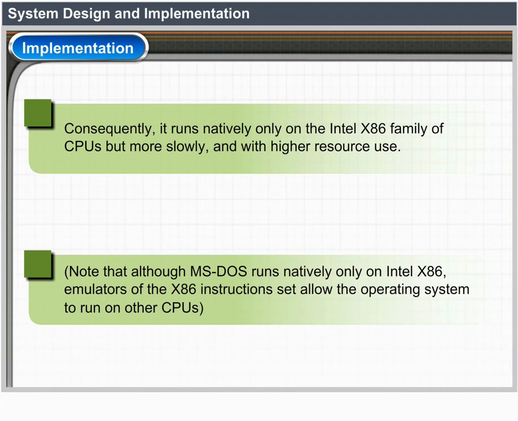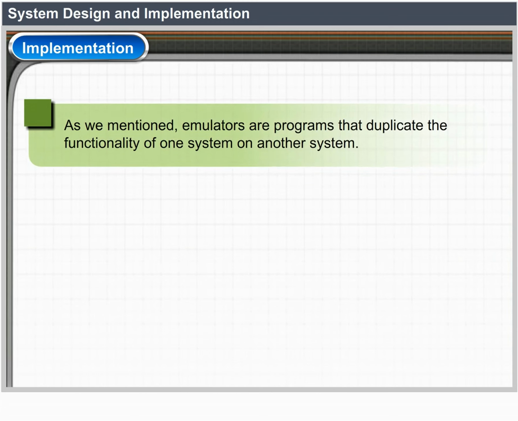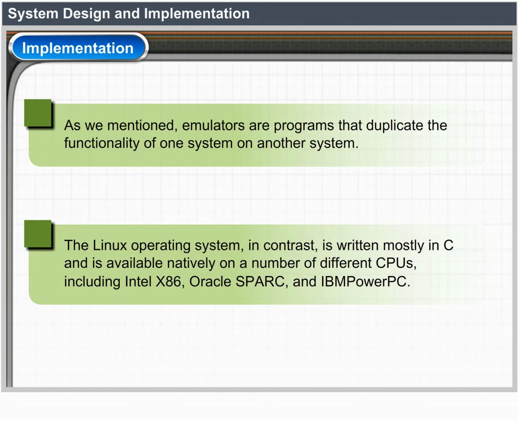As we mentioned, emulators are programs that duplicate the functionality of one system on another system. The Linux operating system, in contrast, is written mostly in C and is available natively on a number of different CPUs, including Intel x86, Oracle SPARC, and IBM PowerPC.